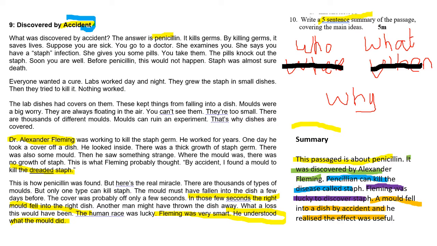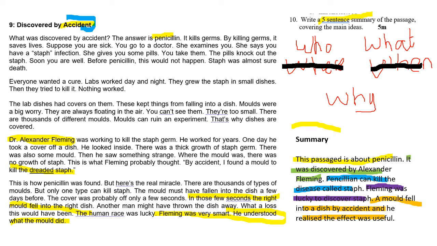So when you're marking your summary, you should have something about penicillin, about Alexander Fleming, about penicillin killing staph, about it being an accident or about it being lucky, and about Fleming realizing the effect of the mold on the staph. These are the 5 main points that you need in your summary. Have a look at my summary again carefully. Maybe pause the video before the video finishes.